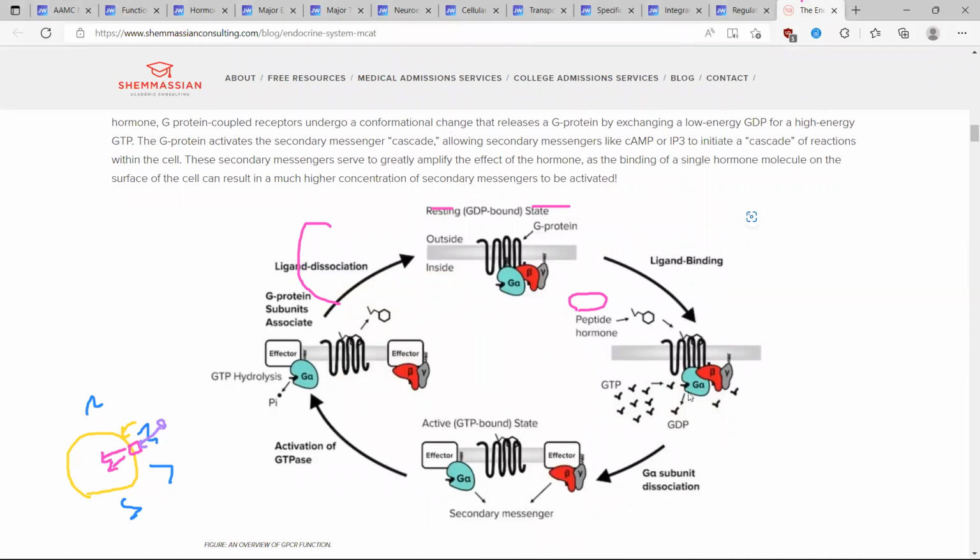The alpha subunit is normally bound to a GDP. But once this binding happens, a GTP will attach instead, and that's going to separate it. And as long as the GTP, right here, is attached to the alpha, then we're going to have these signaling effects downstream.